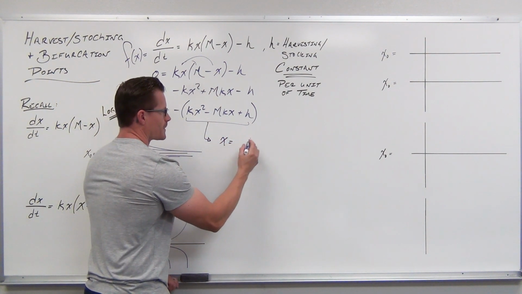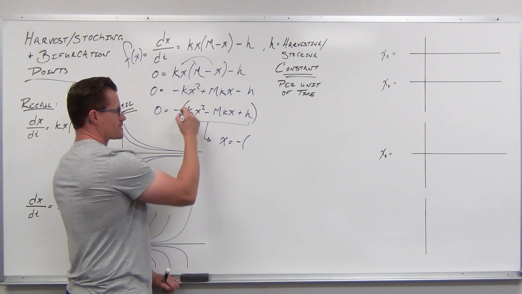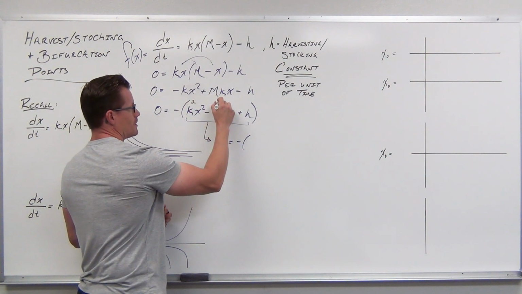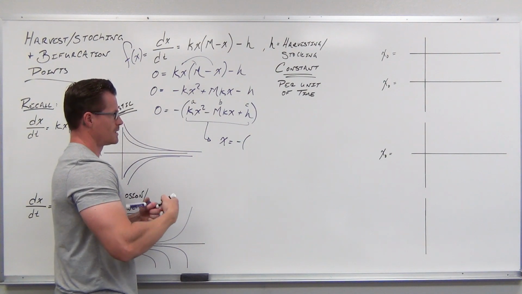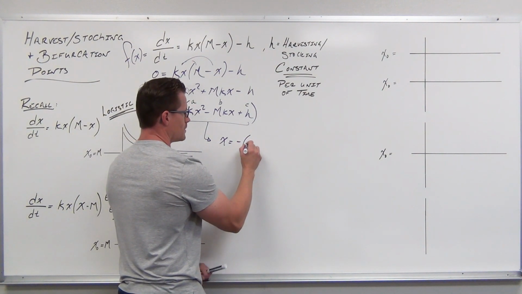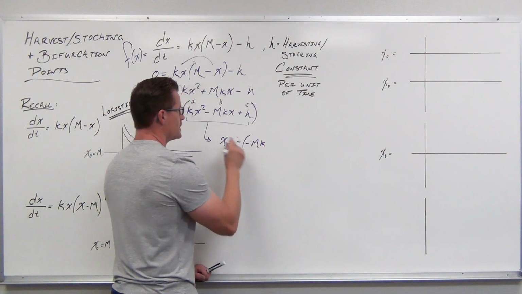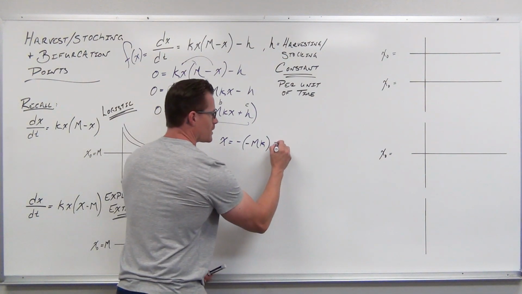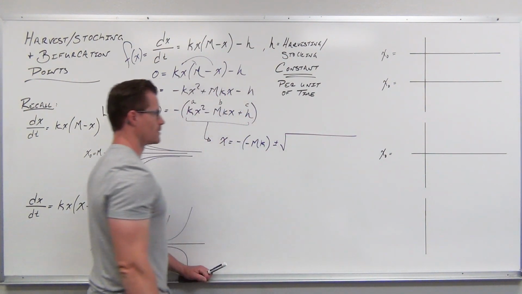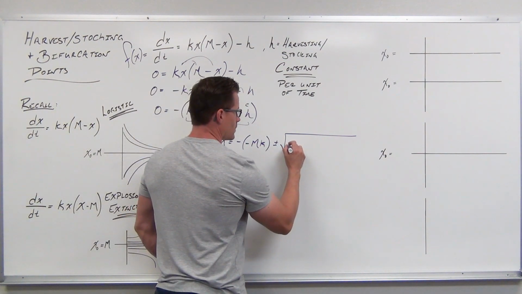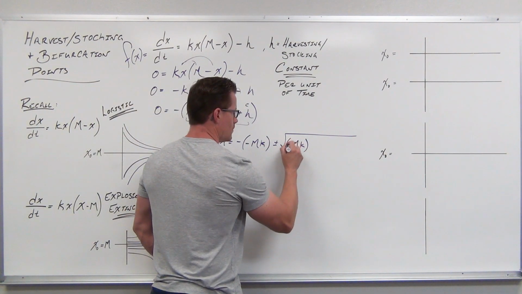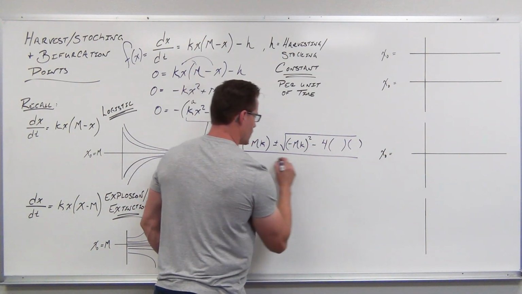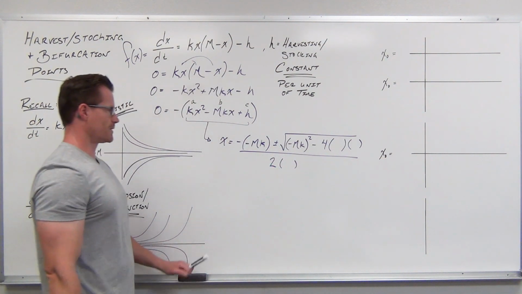So x would equal negative b. So our k is our a, this is our b, and this is our c. Negative b. Well, if our b is negative mk, we have negative mk, negative b, plus or minus square root b squared minus 4 times A times C all over 2 times A. All right, let's see.